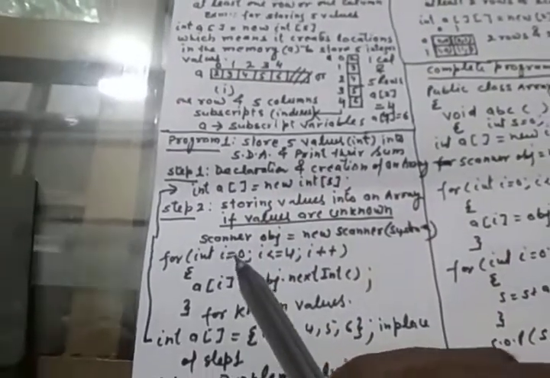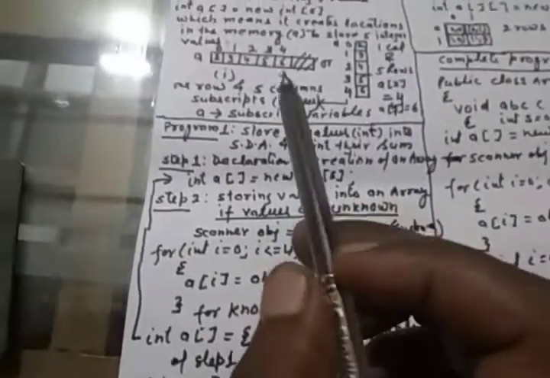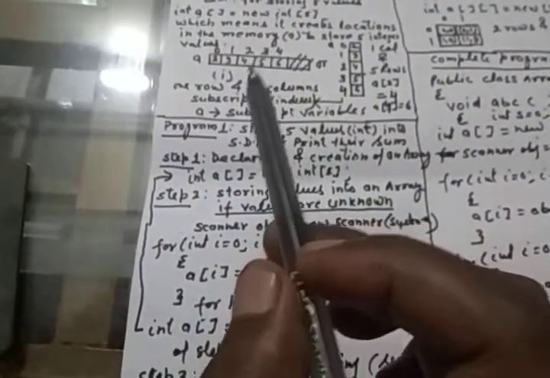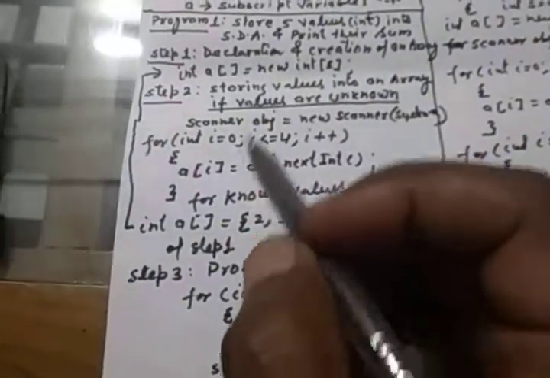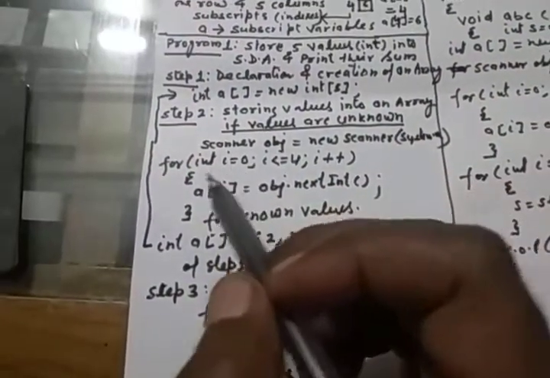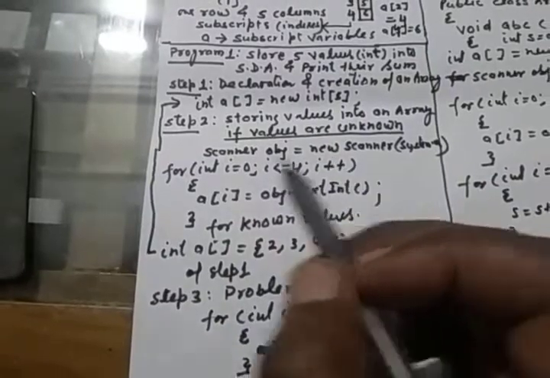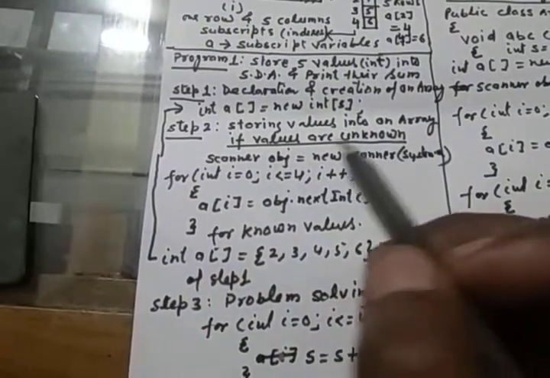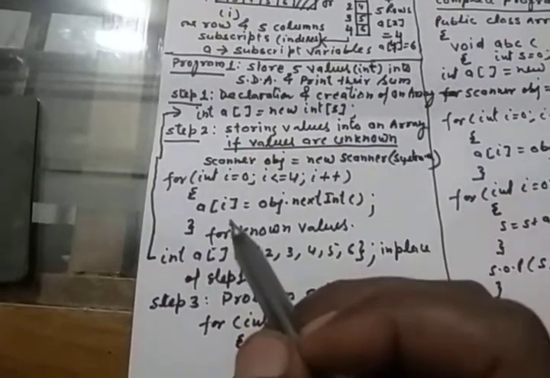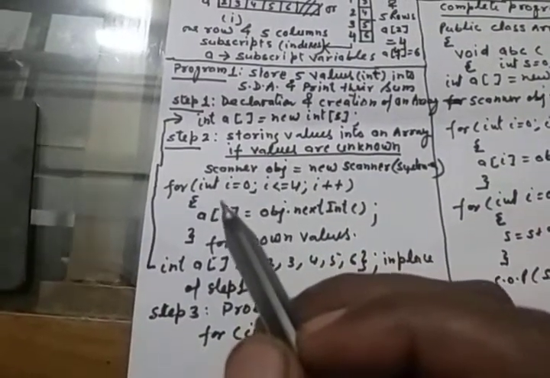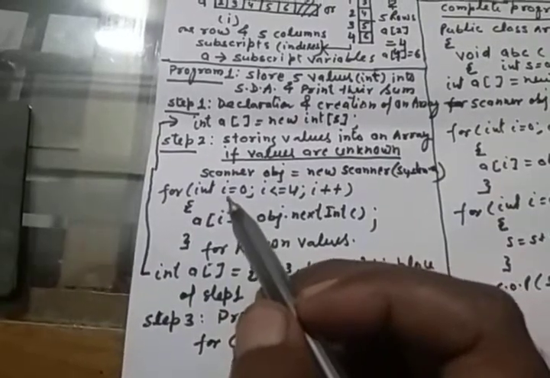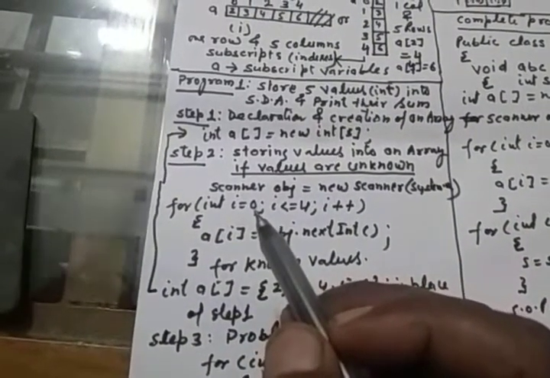Whatever value will be inputted through the console or the keyboard, that value will be stored into that particular location. So if we have 5 locations, we have to use a loop for storing the values into those locations, because the variable I is just like an index.